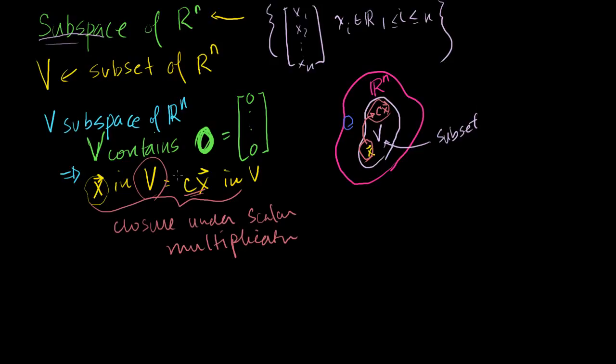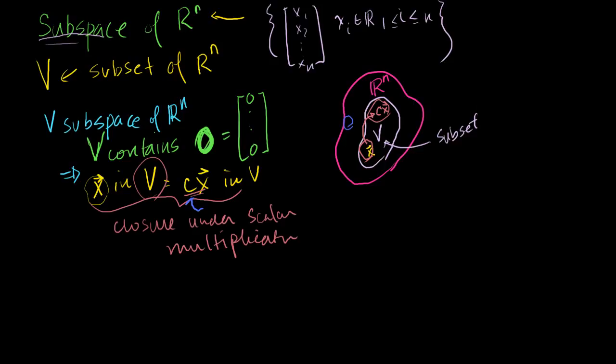In order for it to be a subspace, if I multiply any vector in my subset by any real number, I should also get another member of this subset. I'm defining the subspace over real numbers. So this is one of the requirements.